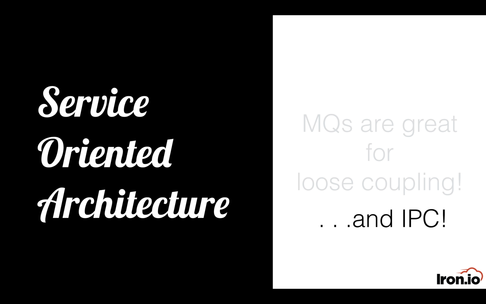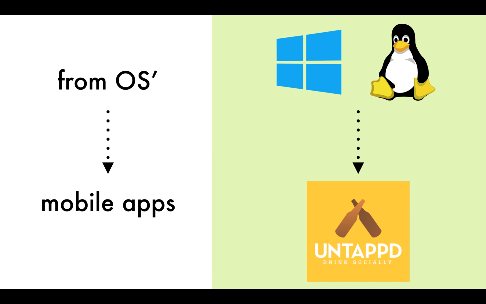IPC is another great use case for message queues. That's just inter-process communication. So even if you're not inside of a service-oriented architecture where you would need pretty strong inter-process communication, you might find message queues elsewhere. So in Microsoft Windows and Linux, you'll see message queues like MSMQ, or in Linux, there's a very rudimentary POSIX message queue that comes with the kernel.